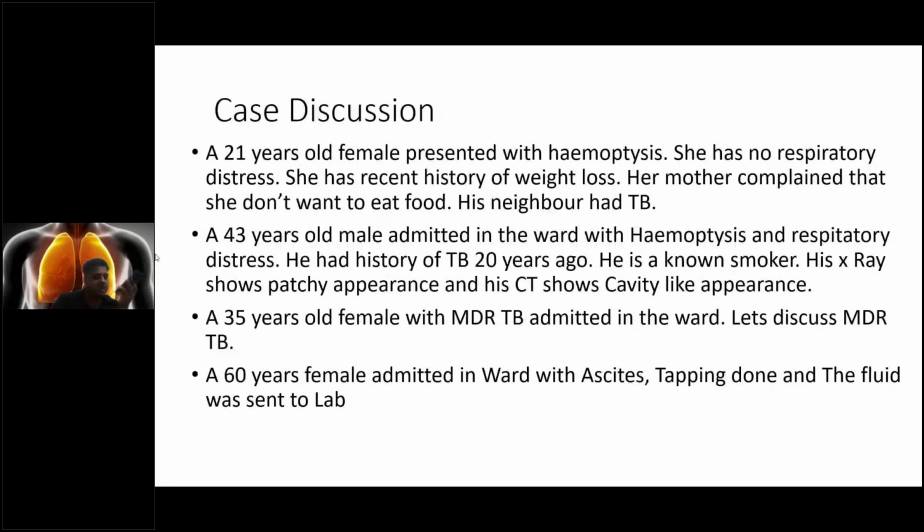The cough is productive. Mostly in TB cases in India, you will get productive sputum, that is, the cough has sputum, but it's not necessary. It can be a dry cough also, but in India, in my experience, I have mostly seen productive cough and hemoptysis.